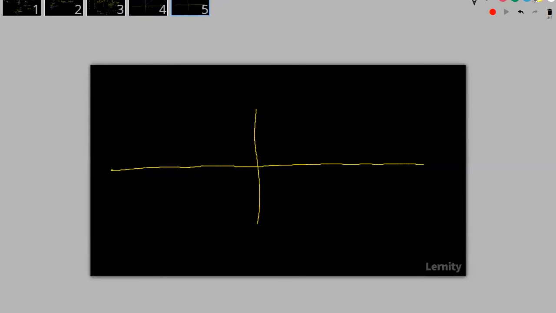Okay. So I'll make a bigger one. Suppose the curve is like this. Okay, so we have a curve like this.